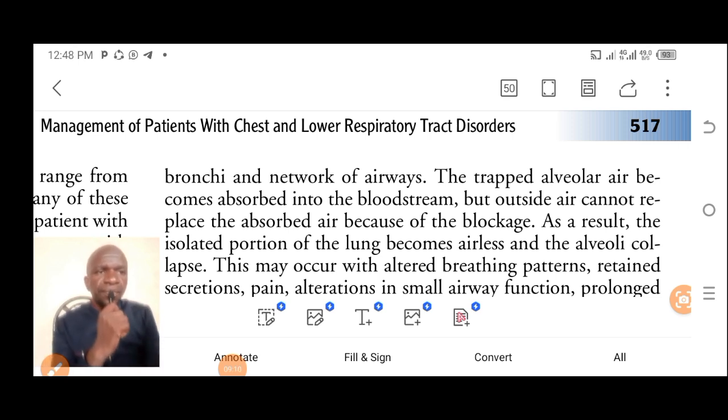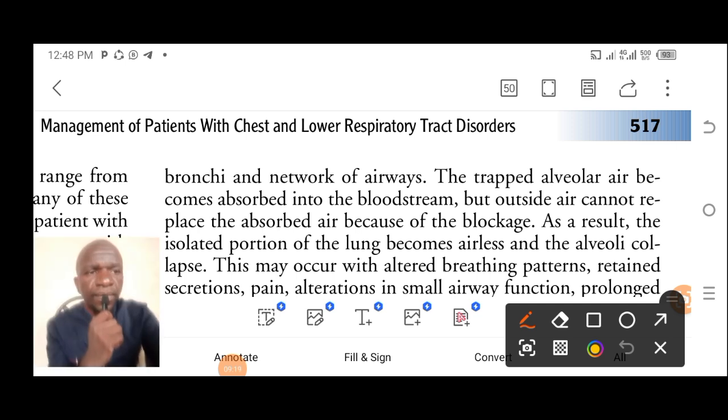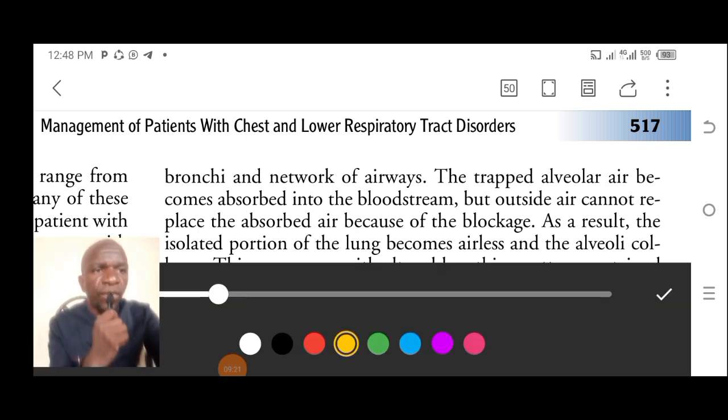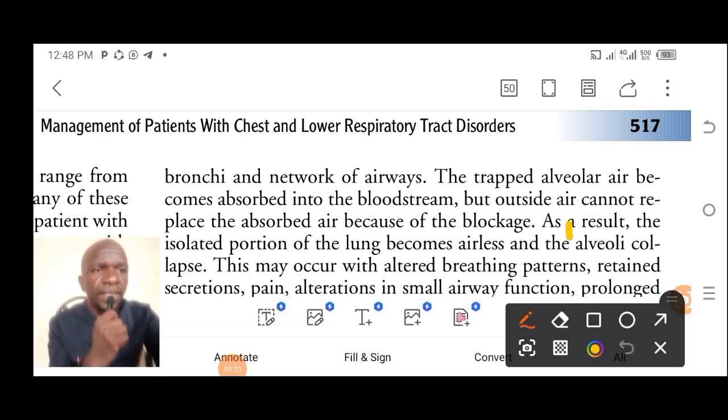As a result, the isolated portion of the lung becomes airless and the alveoli collapse. I hope you are clearly following.